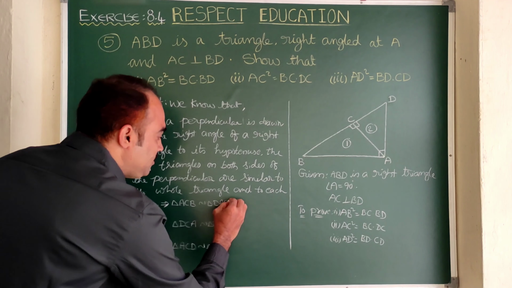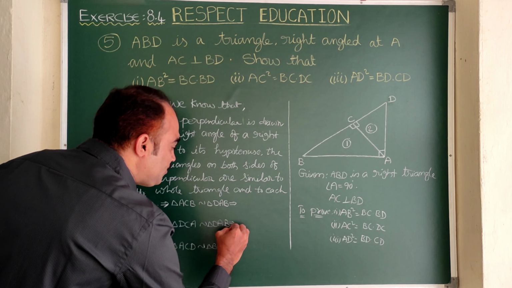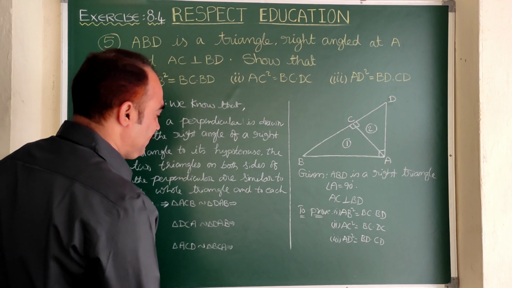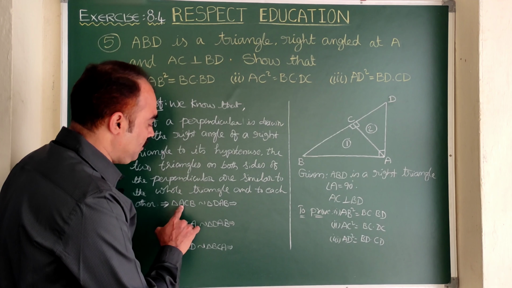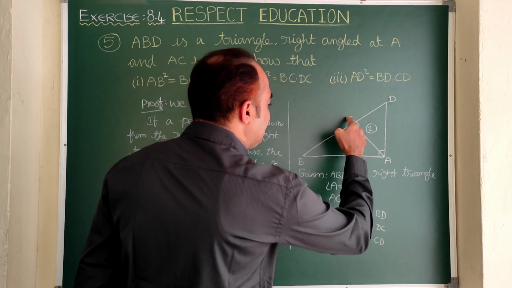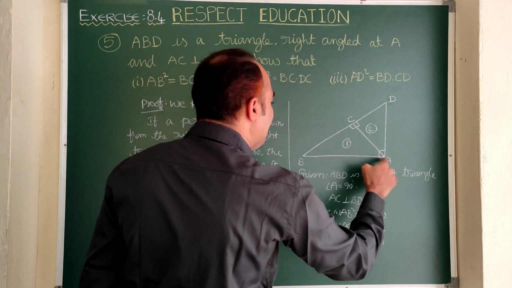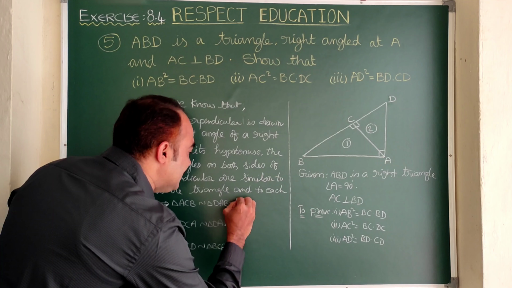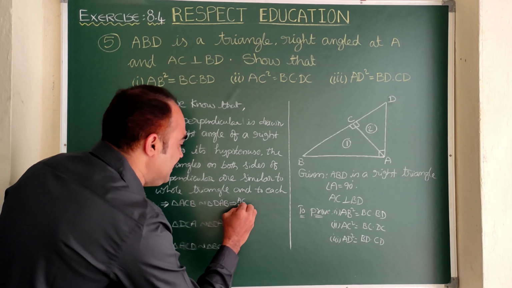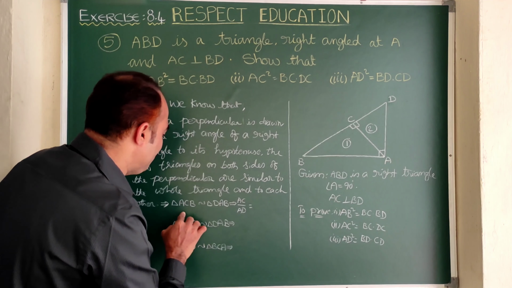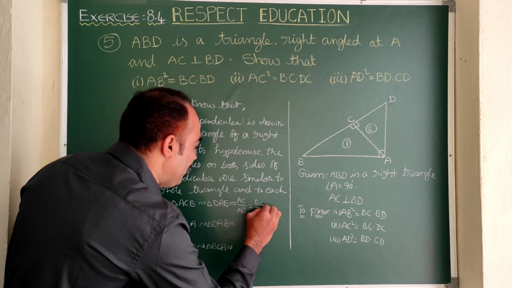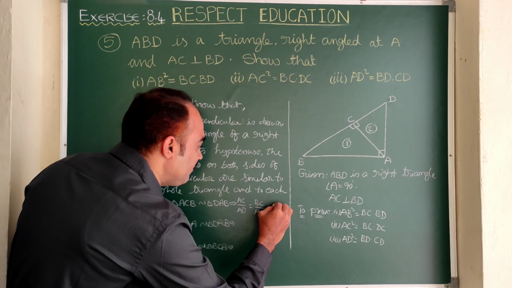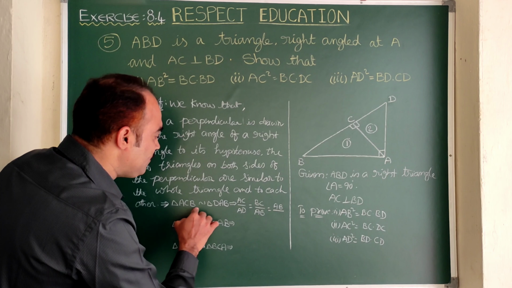Now, as you know, when these two triangles are similar, their corresponding sides are in proportion. So let us take the corresponding sides here. First, observe ACB and DAB. If I take AC by DA, we can write AD, is equal to BC by AB, and AB by DB, means BD.